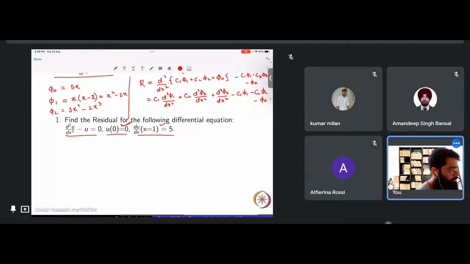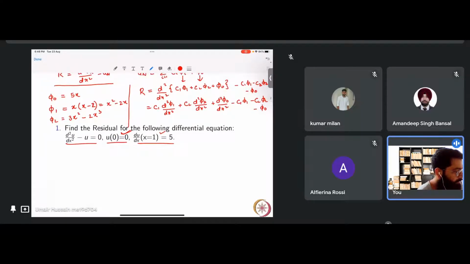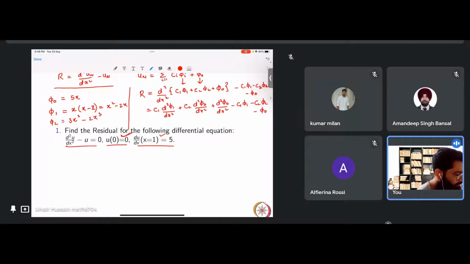So what is the second derivative of phi1? The derivative of phi1 is 2x minus 2, so the second derivative is 2 only.